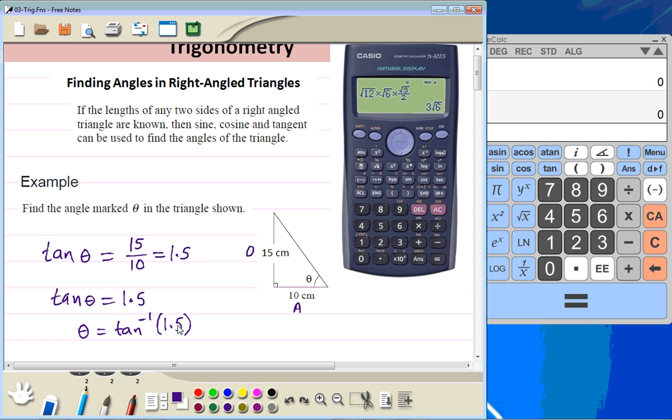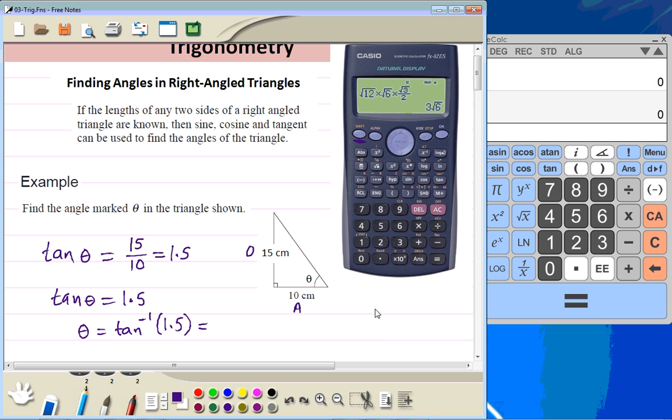Now calculators normally have the inverse key above the sine key, and it normally works with shift. So you will press shift, then this key, then in brackets you will write 1.5. Then you will get the answer. On this calculator, the inverse sine is written as a sine, or arc sine.